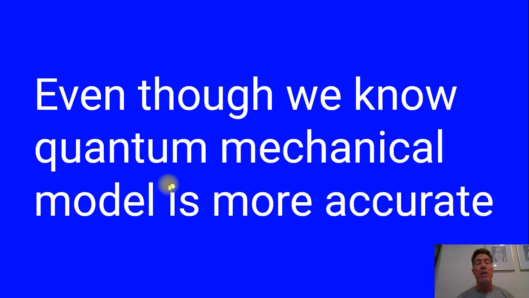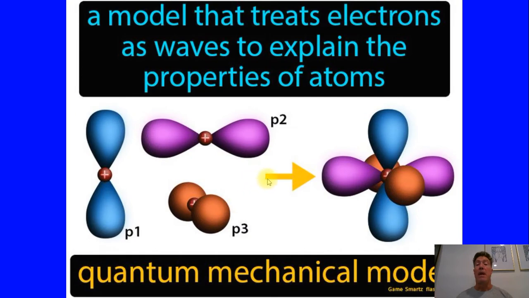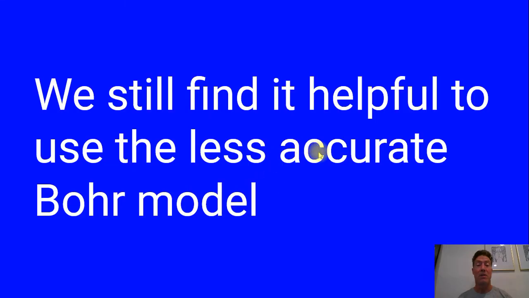Now, even though we know that the quantum mechanical model is more accurate, and that it's much more accurate to talk about electron clouds of probability and orbitals, and that we need to treat electrons more like waves to explain the properties of atoms, we still find it useful to use the less accurate Bohr model.